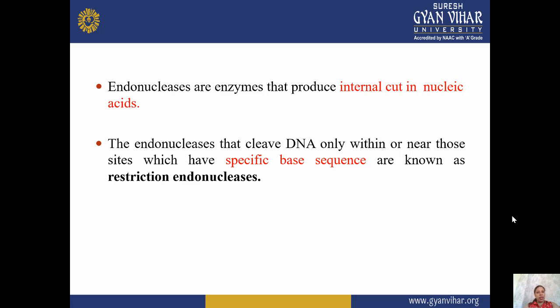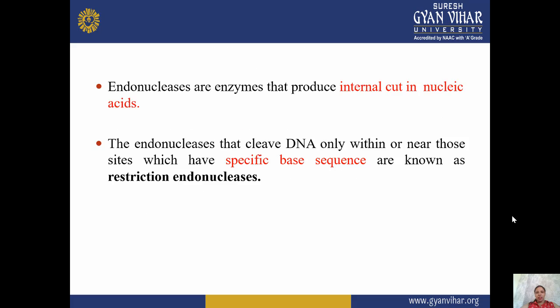There are a number of base pairs, adenine, guanine, thymine, cytosine, so they can detect that base pair sequence and then produce the internal cuts in that particular portion. So this is the role of restriction endonuclease.